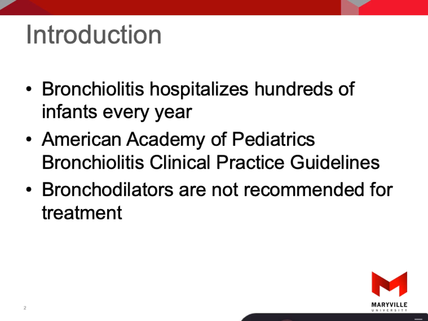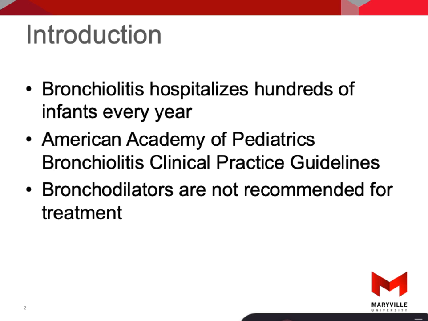To begin, I will address what bronchiolitis is and its significance. Bronchiolitis is a common pediatric illness in infants under the age of 2 years old. It involves the acute inflammation of the epithelial cells lining the lungs due to mucus production.